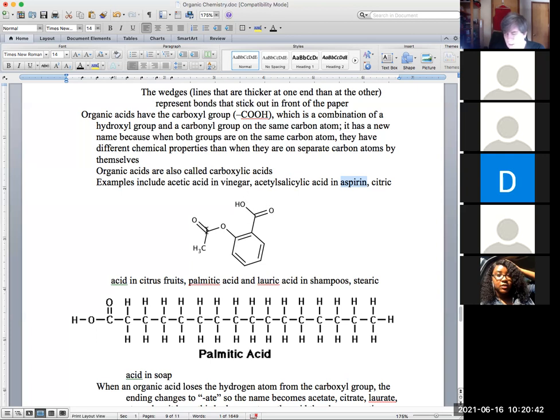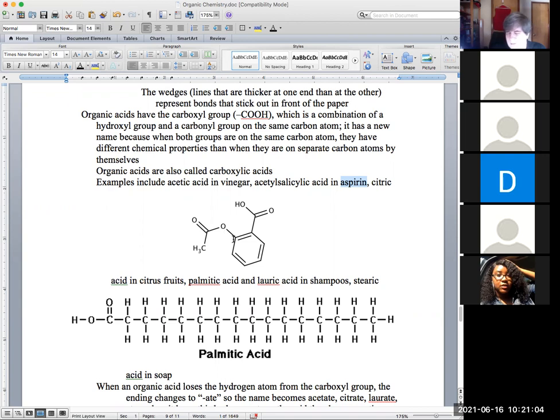Over here, we have a carbon and it has a double bond to an oxygen. But notice the same carbon doesn't have an OH. So this is just a carbonyl group here. This is a carboxyl group over here. Now notice this carbon is connected to an oxygen, but not to an OH, just to an oxygen.